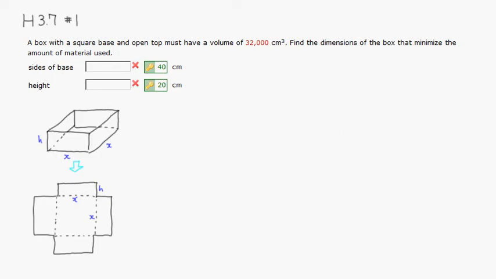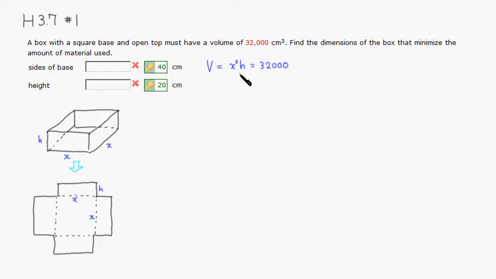Here's the picture of the open box. The base is x by x and the height is h. Let's express the volume. Volume V is x times x times h, so you have x squared h. This is fixed at 32,000.